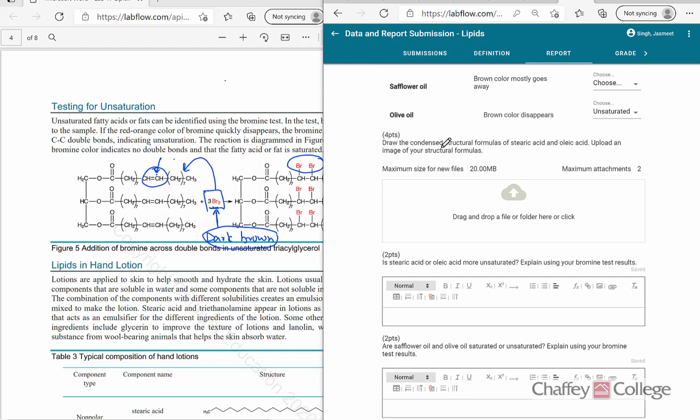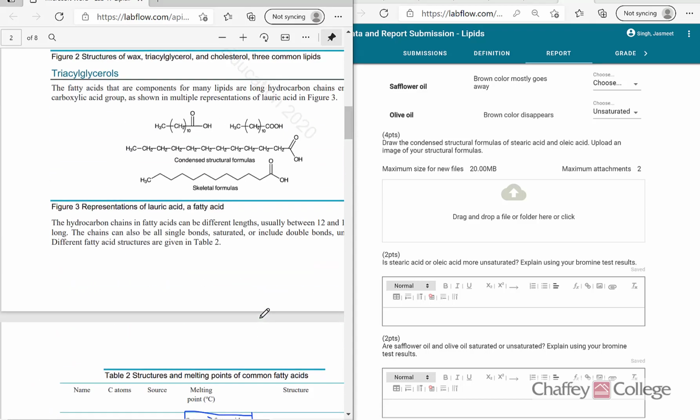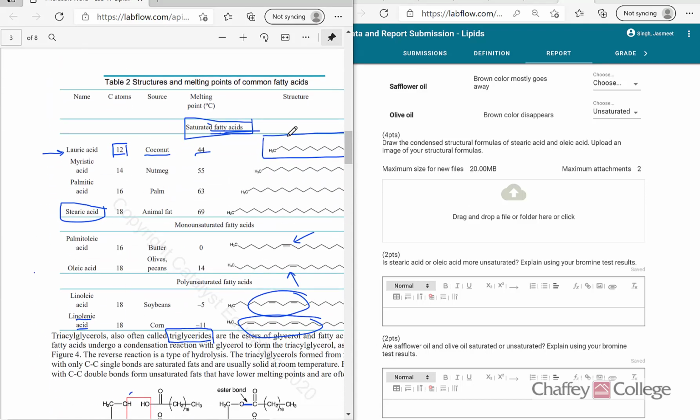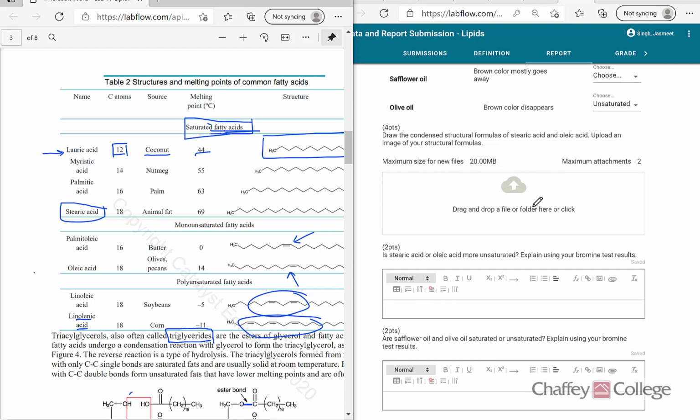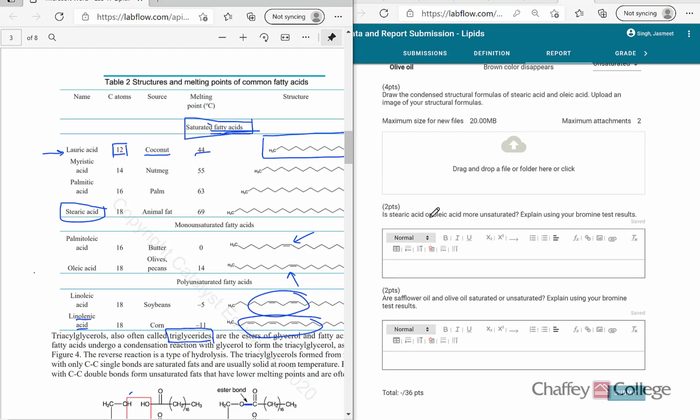Here we have to draw the condensed structural formula of stearic acid and oleic acid. The formulas of stearic acid and oleic acid are given here, so just find the formula, draw it, and upload your answer here. Next, is stearic acid or oleic acid more unsaturated? Whichever contains more double bonds is more unsaturated.